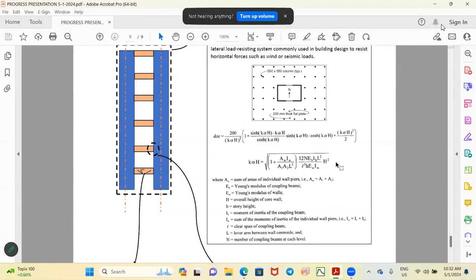Otherwise, you cannot recognize any mistake in the formula. And if you succeed in deriving this formula, you will think about the results and another formula or some simplification. But anyway, I think this is a very important paper.